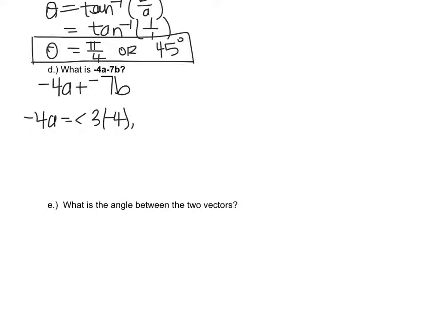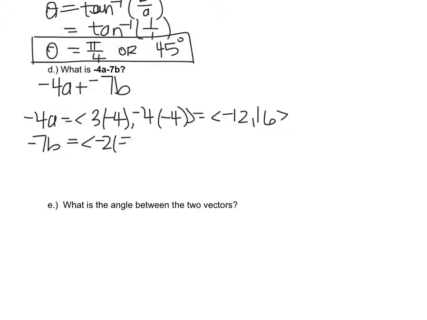So that means 3 times negative 4, and then negative 4 times negative 4, which is going to give us the vector <-12, 16>. And then negative 7b, we're going to take our vector b, so negative 2 times negative 7, and then we're going to have 5 times negative 7, which is going to give us the vector <14, -35>.